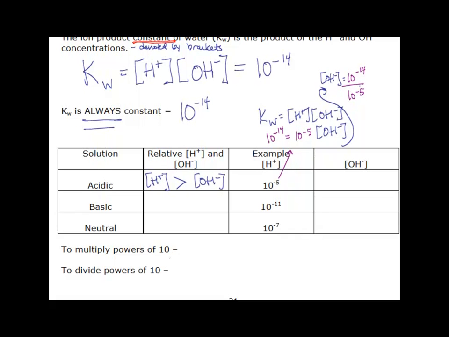To do this mathematically, you can get out your calculator and look for the exponent key, or you can do a shortcut. To divide powers of 10, you just subtract the exponents since they're the same base.